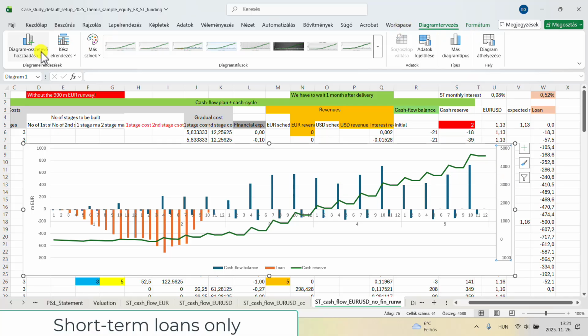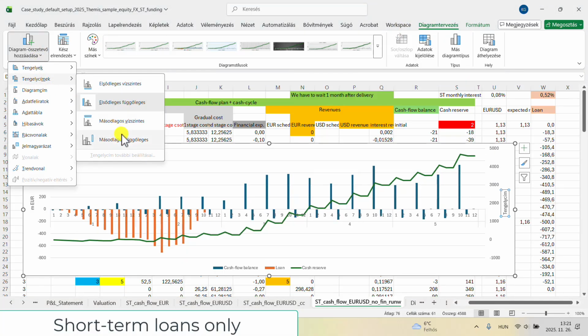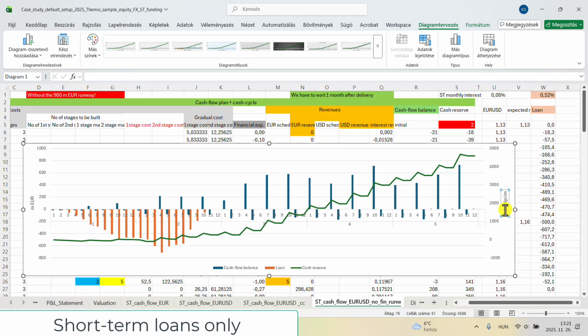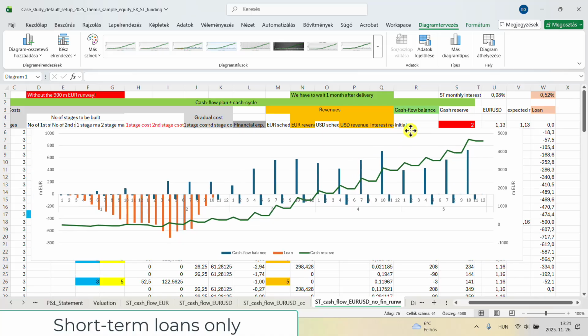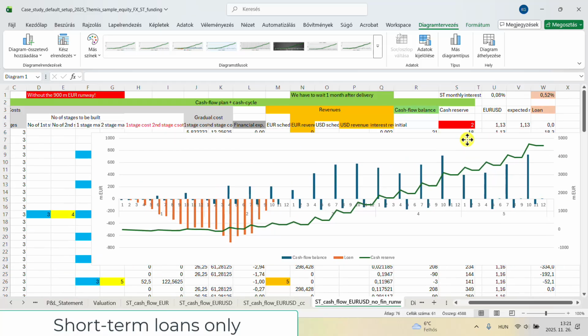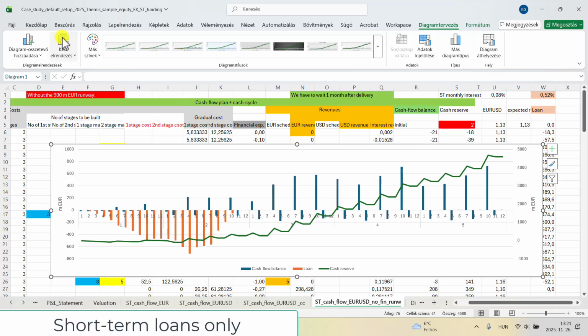Again, this is the same million euro scale. So now we can see how the cash reserve is affected, and everything is affected by our operations. So this is the cherry on the top of the cake.